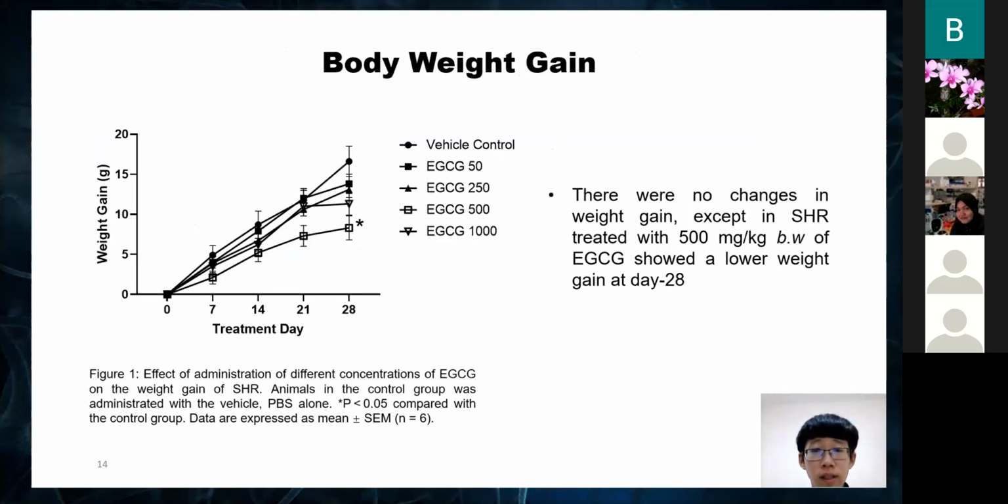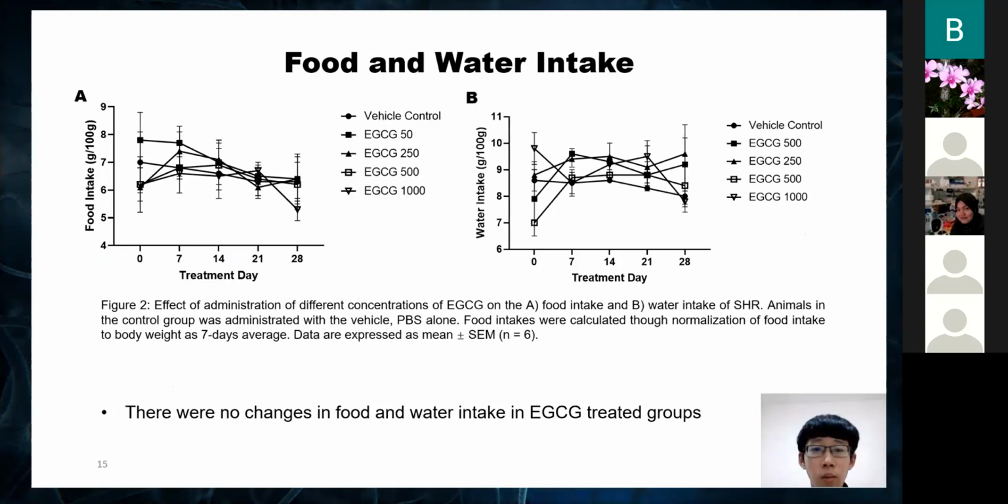There were no changes in the weight gain except in SHR treated with 500 mg per kg body weight of EGCG, which showed a lower weight gain at day 28. There were no changes in food and water intake in all the EGCG treated groups.